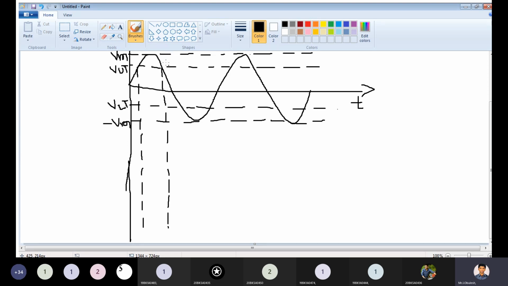You take only this. This is the upper threshold. From this, here we have a lower threshold. Same here also again.